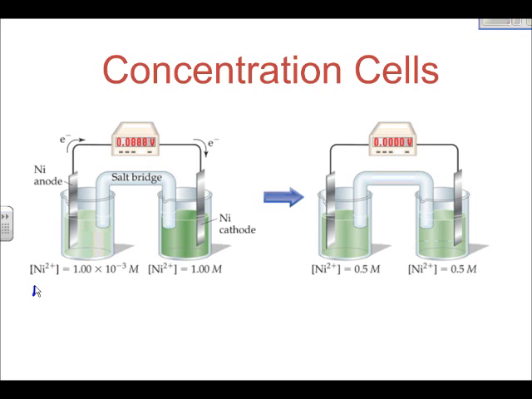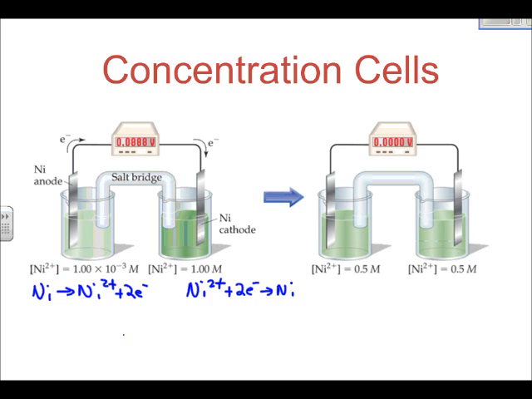So at this electrode, we're going to have nickel going to nickel 2 plus plus 2 electrons. And our cathode is the gain of electrons, so it's going to be the nickel 2 plus plus 2 electrons going to nickel solid.